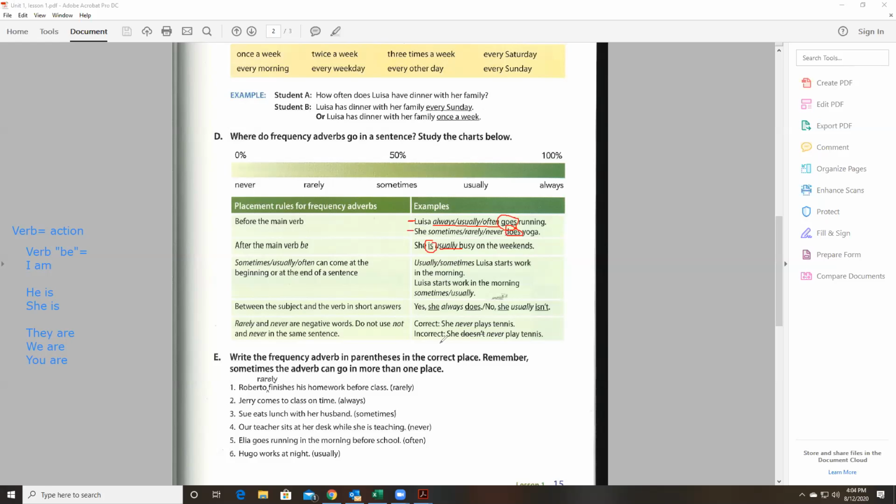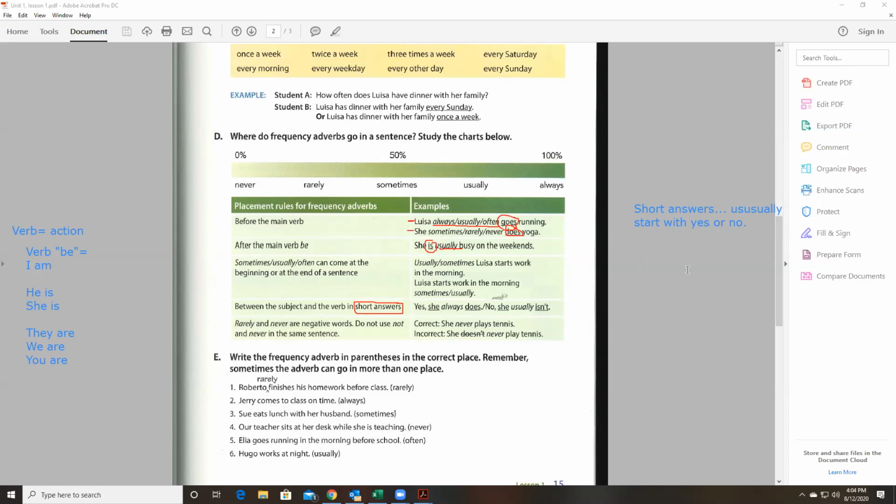Okay, in short answers, that's going to be your key. Respuestas cortas. Your short answers usually start with yes or no. That's a short answer, right?